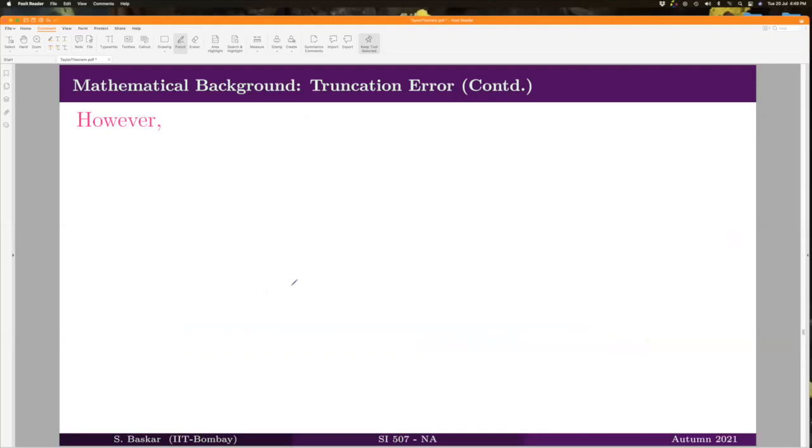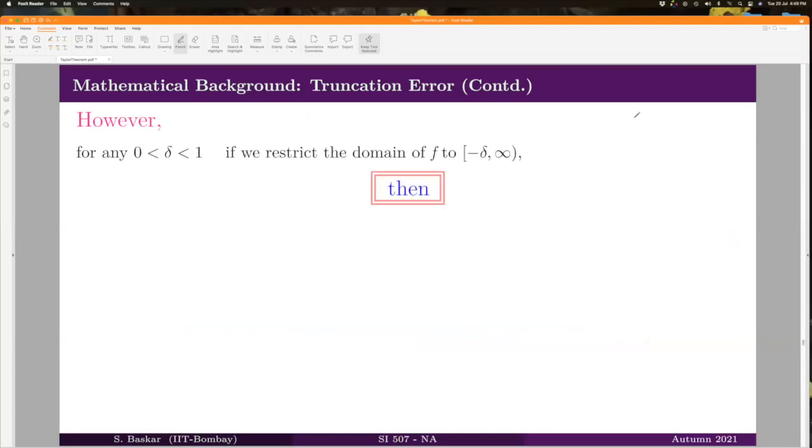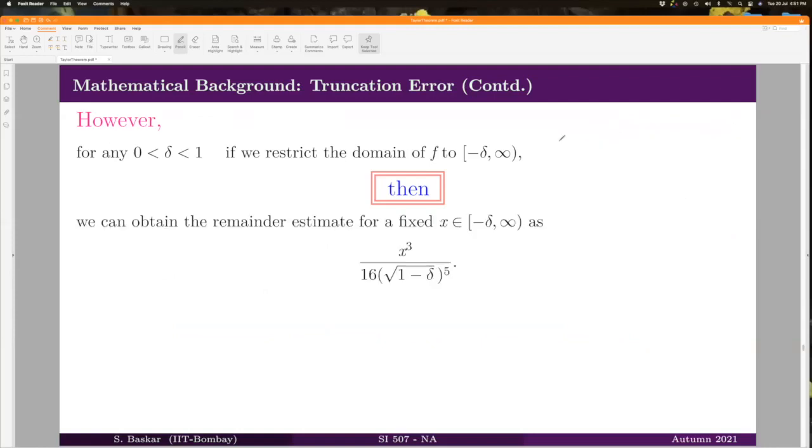So therefore we cannot find an estimate for the remainder term in this particular case. However, if you just restrict yourself to an interval which is slightly away from minus 1, right? So we are interested in this interval minus 1 to infinity. Suppose you just restrict yourself to an interval, say minus delta to infinity, then you can find a bound at least with respect to xi.